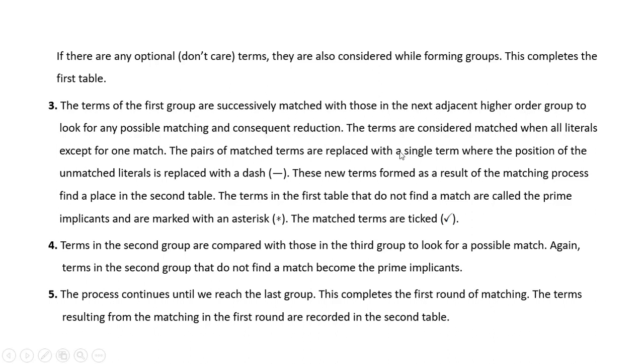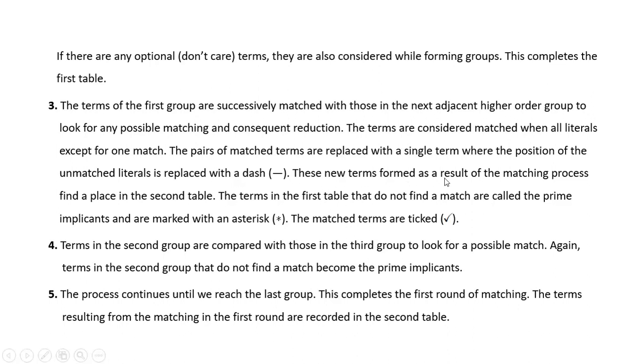The terms are considered matched when all literals except for one match. We put a dash where the position of the unmatched literal is, which means you will represent a 1 bit change with a dash.